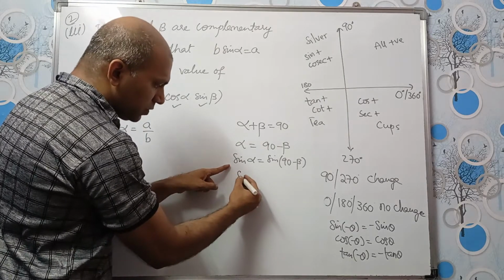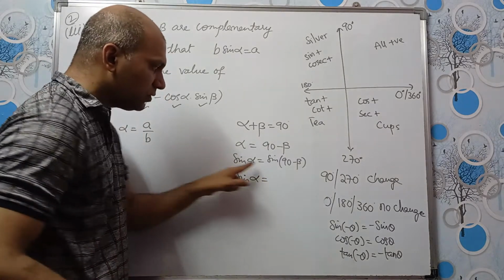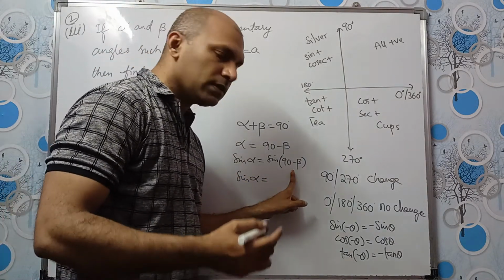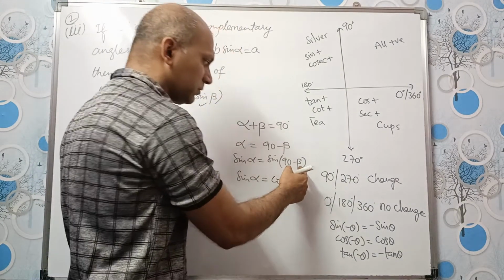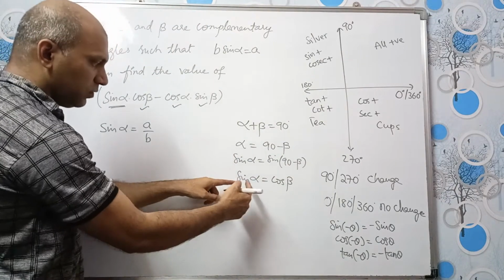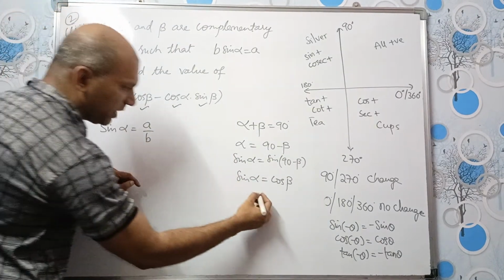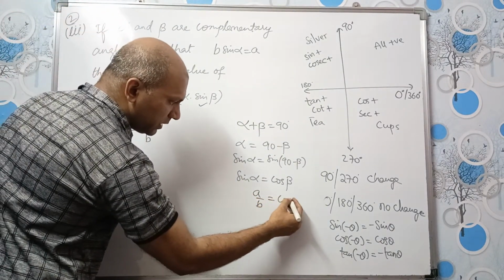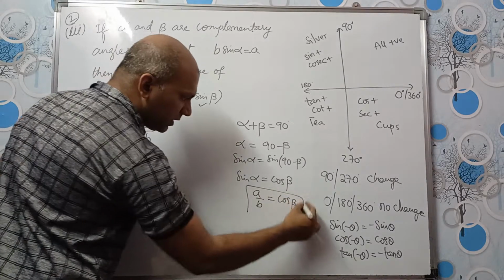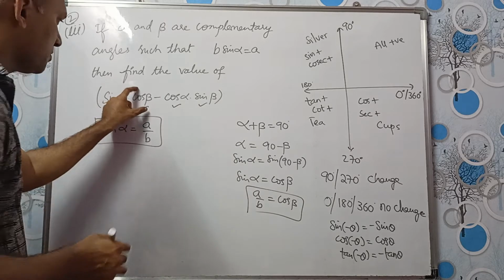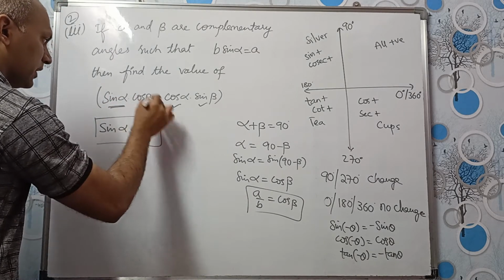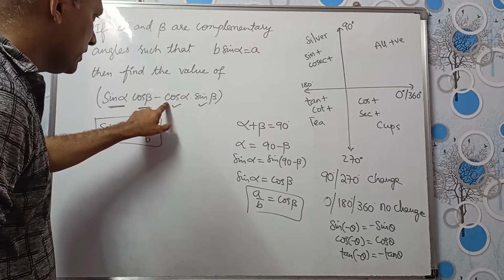Sine of 90 minus theta is cos theta, right? So this will be cos beta now. But what is sine alpha? Sine alpha is a by b. So a by b is cos beta. So cos beta also we got now. We got sine alpha and cos beta. This is also done.